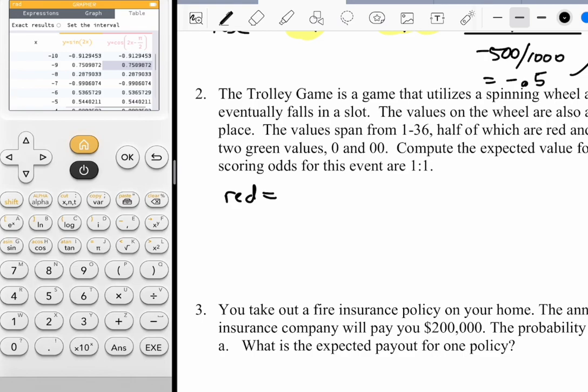It's definitely not in there. So there's 18 out of 38 that are red.